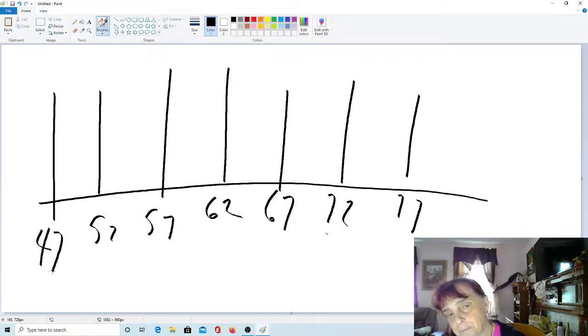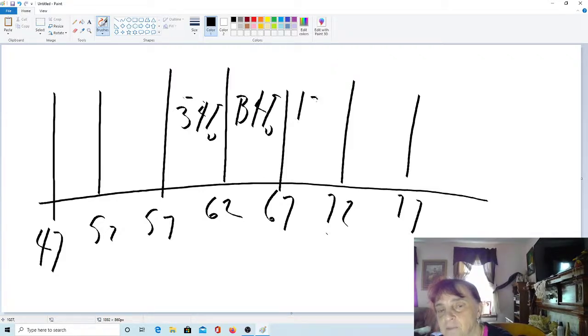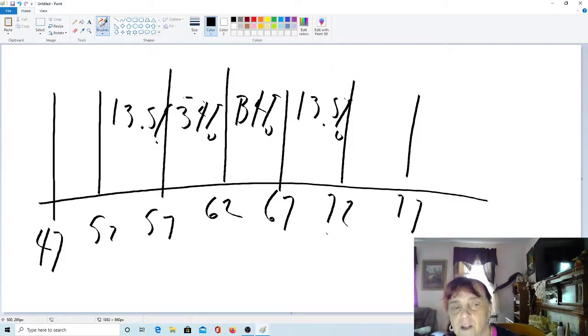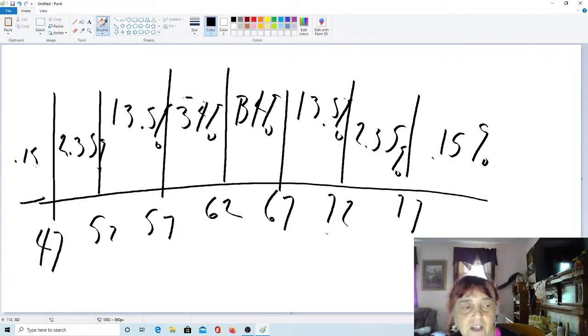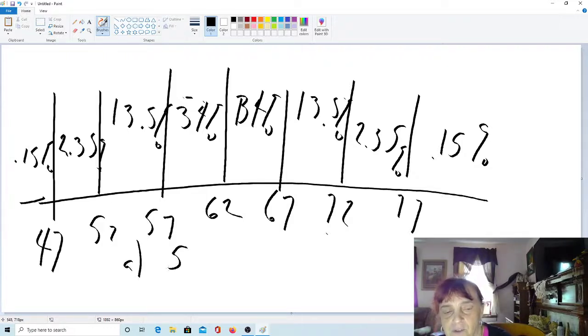Okay, so you have 34% of the data here, 34% here, 13.5% here, 13.5% here, 2.35% here, 2.35% here, and 0.15% here, and 0.15% here. And so what percent of the data are lower than 62 miles an hour? It's 50%.